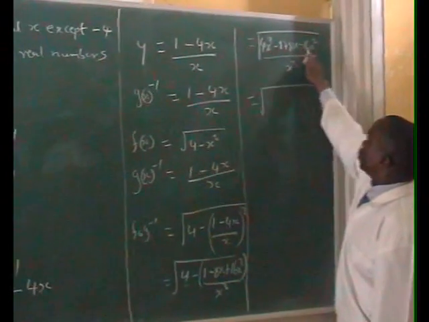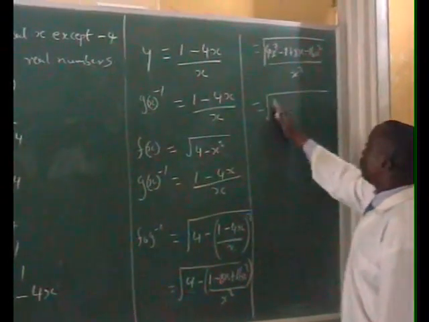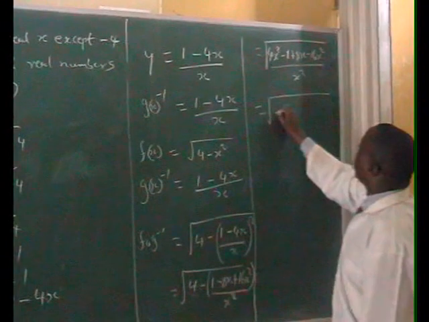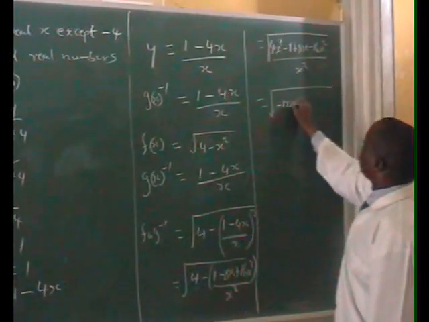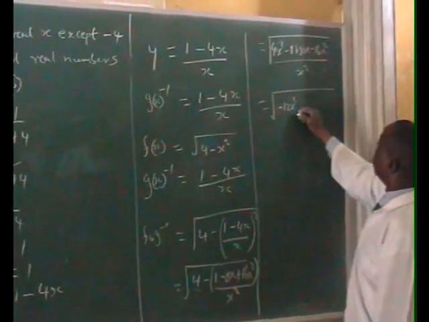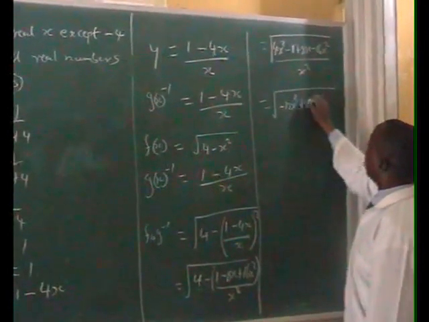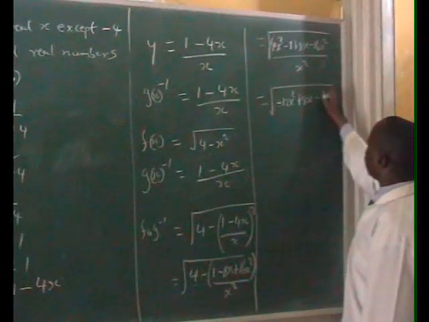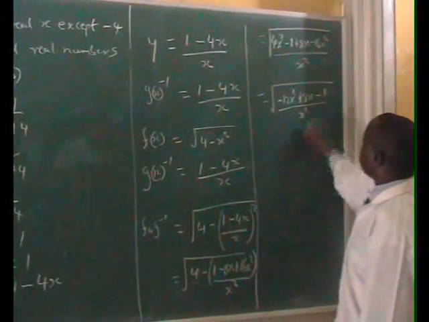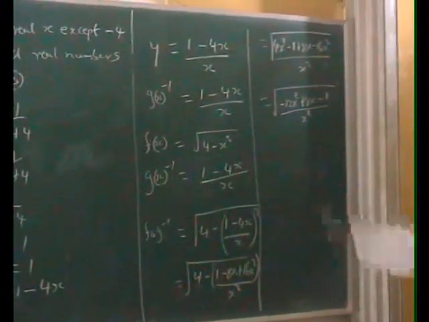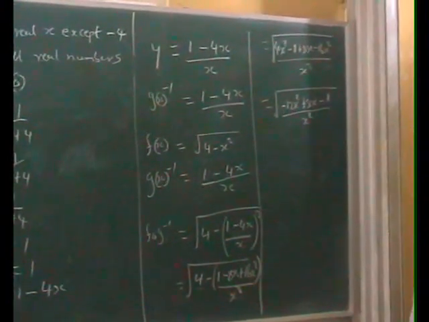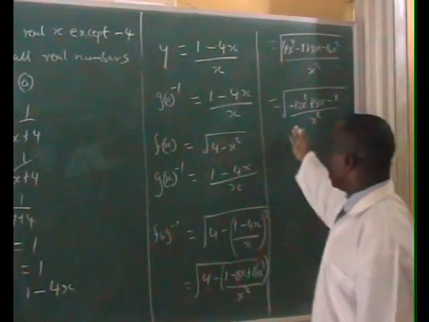So 4x squared minus 16x squared will give us minus 12x squared, plus 8x minus 1 all over x squared. So this is f composite G inverse. That is how it is solved.